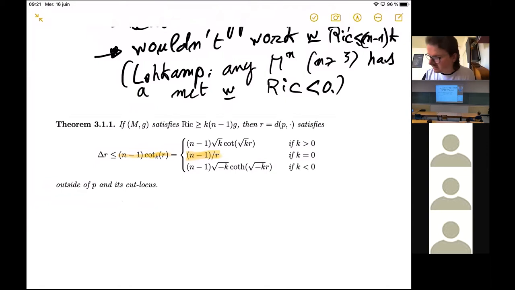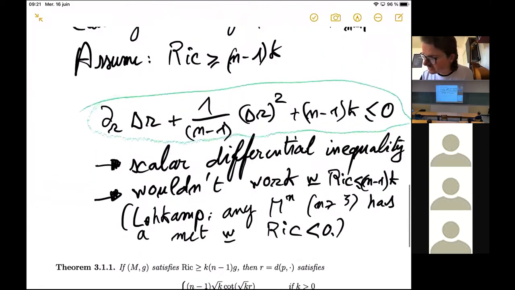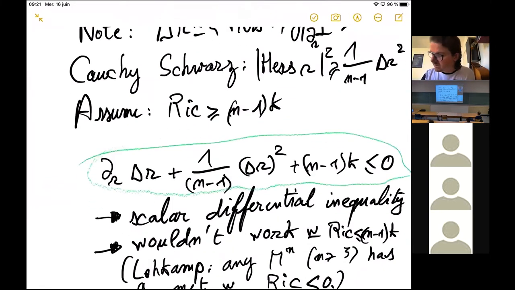The thing is just to try to solve this ODE and compare the solution. You have an inequality for the Laplacian of r. You look at the solution of u prime plus 1 over n minus 1 u squared plus n minus 1 times k equal to 0, and then you do a comparison.